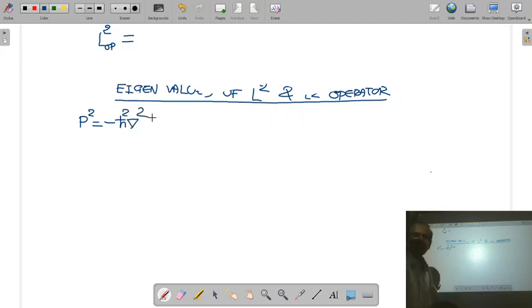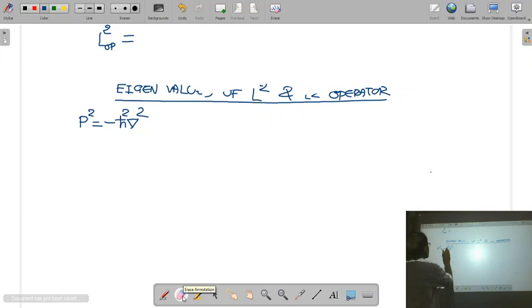In the x direction, it is minus h cross square d square upon dx square, in the y direction minus h cross square d square upon dy square, and in the z direction minus h cross square d square upon dz square. That you know very well.